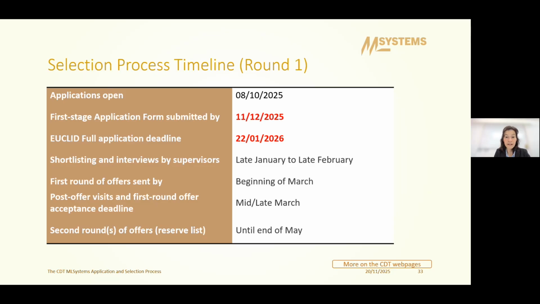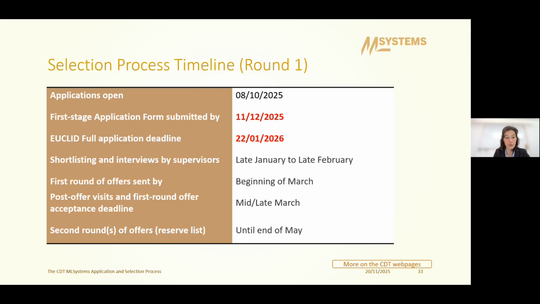In terms of timeline, this is how that translates. I've said that the first stage application form for the first round, the deadline is the 11th of December. If you're invited to do so, you will be required to submit a full application on Euclid by the 22nd of January 2026. Then the shortlisting process will happen between late January and late February, with interviews around that time.